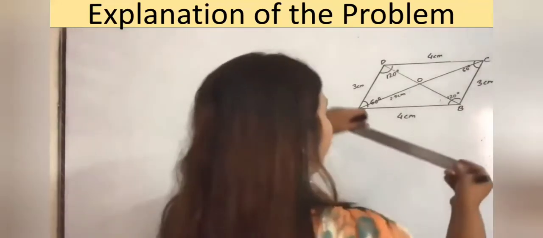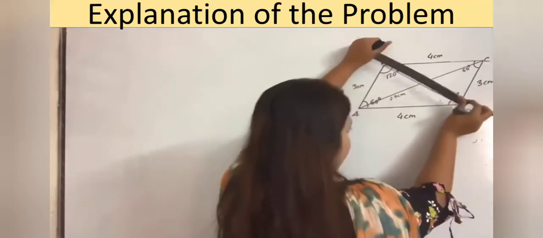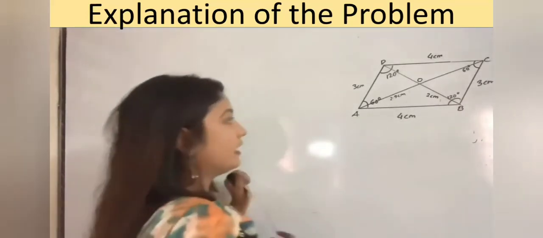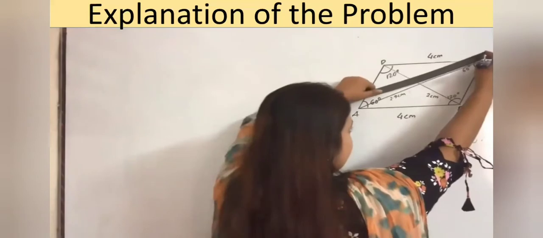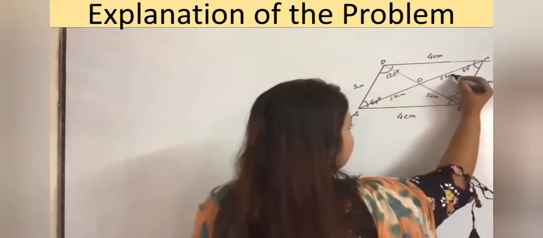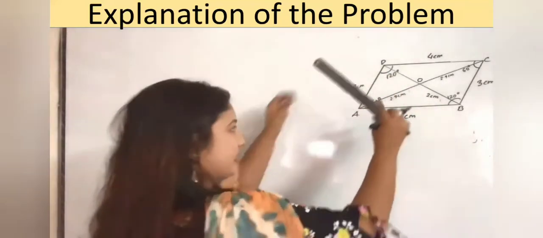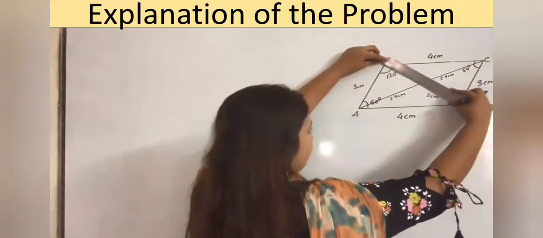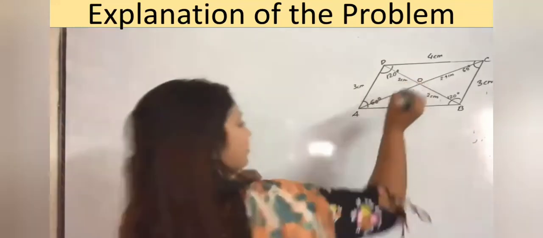And here OB is 2 centimeter. So similarly, OC will be also 2.9 centimeter, as I can see here. Yes, it is 2.9 centimeter, and OD will be what? 2 centimeter. See, as OB is 2 centimeter, this one will be also 2 centimeter. Yes, it is 2 centimeter.